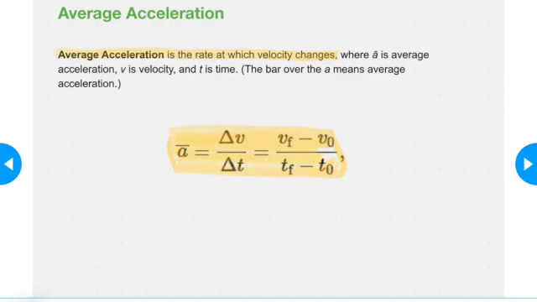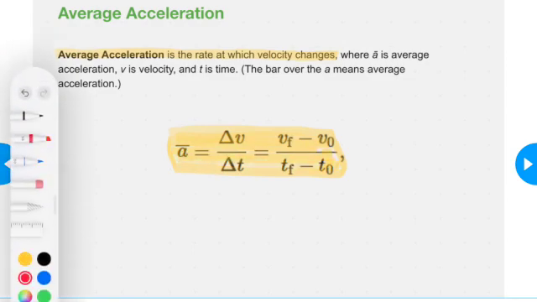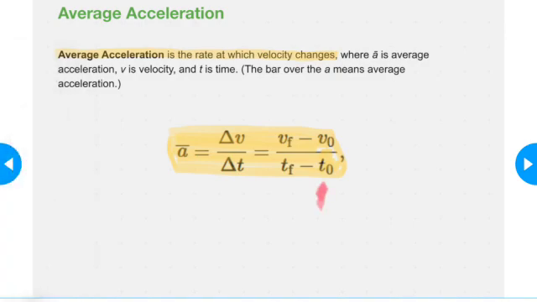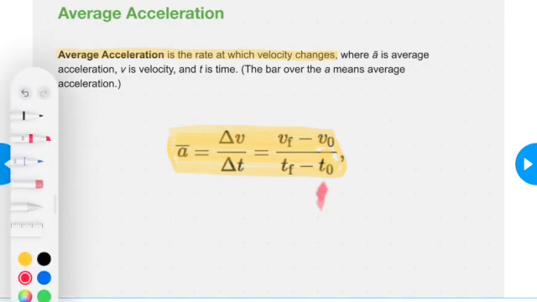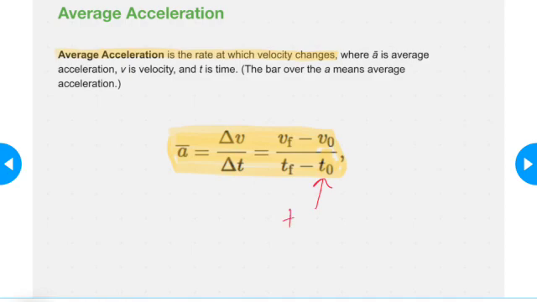Another thing we're going to want to remember is that typically, just as before, the initial time is typically 0. So not initial velocity, initial time. Keep that in mind, because that's going to make things a lot easier for us when we calculate average acceleration. We don't have to plug that in as well.